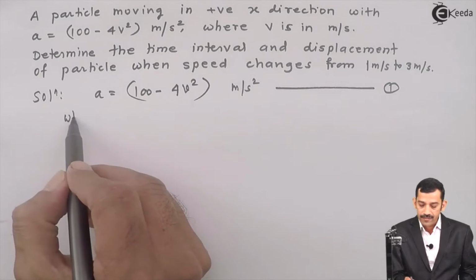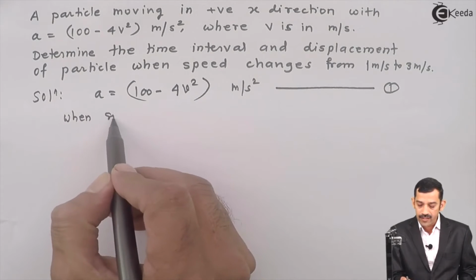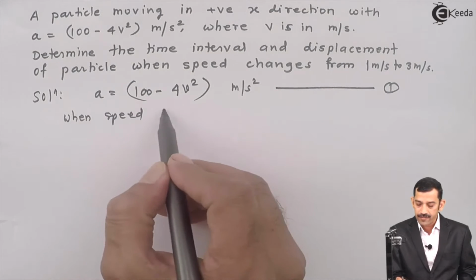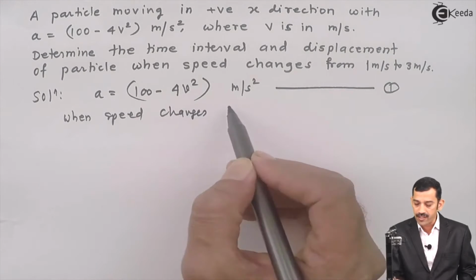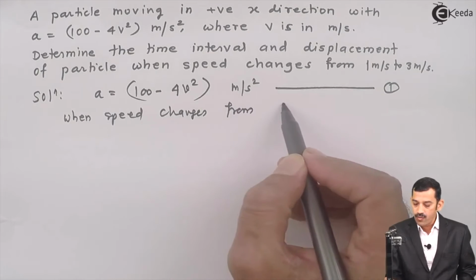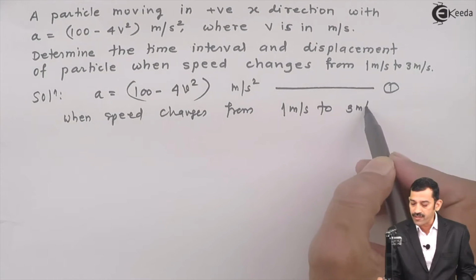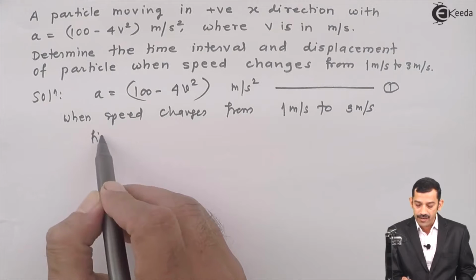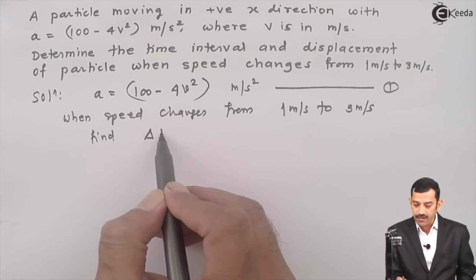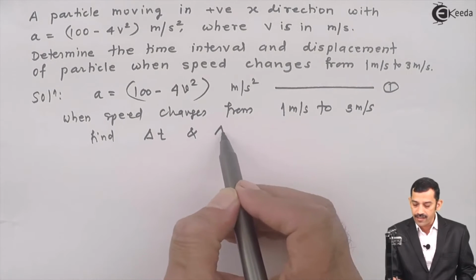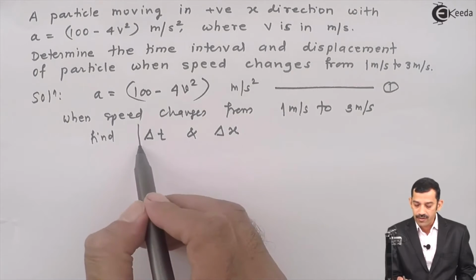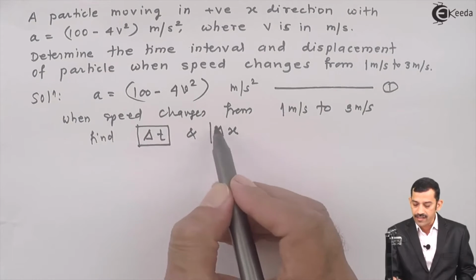That means when speed changes from 1 meter per second to 3 meter per second, what you have to find out is the time interval delta t and displacement, delta x.